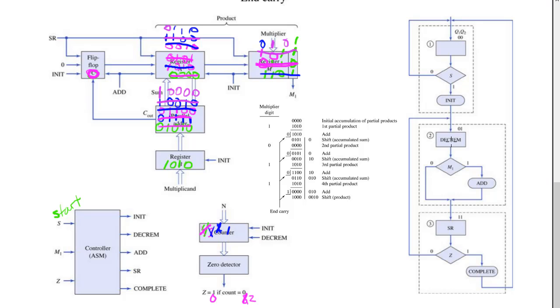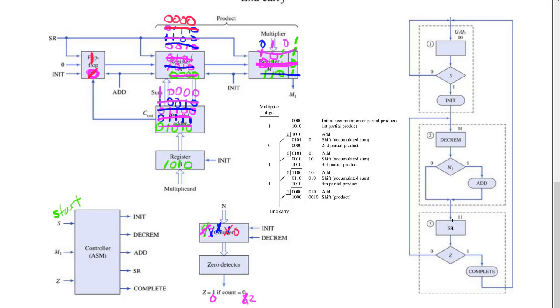Okay, so we're at state 2 and we're decrementing. Decrementing comes out of the algorithmic state machine, comes into the counter, changes that to a 0. And then we look at M1. M1 is still a 1, so we add. Add means we copy all these 4 zeros up here, and we copy this 1 over to here. So our flip-flop value is 1 for the first time. Now we're done with adding.